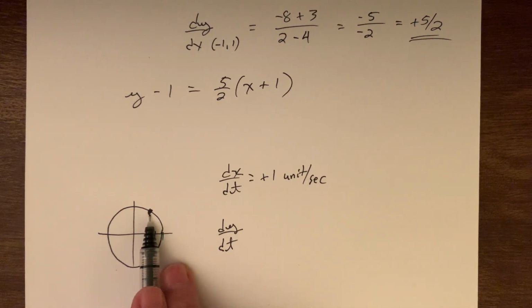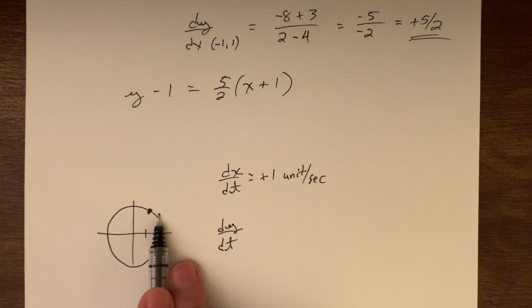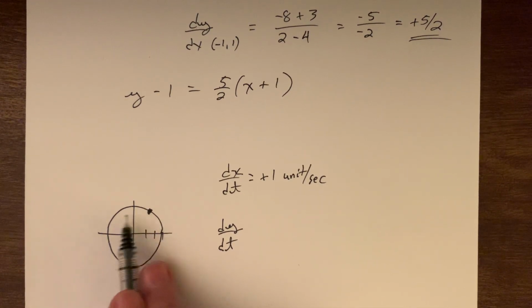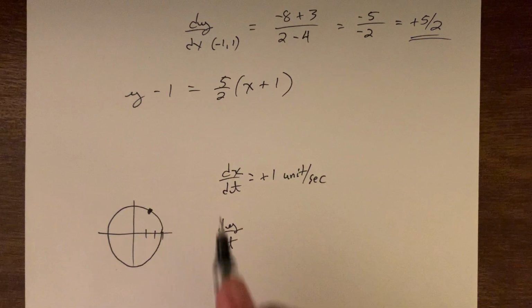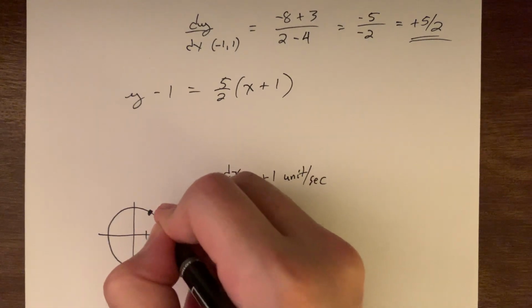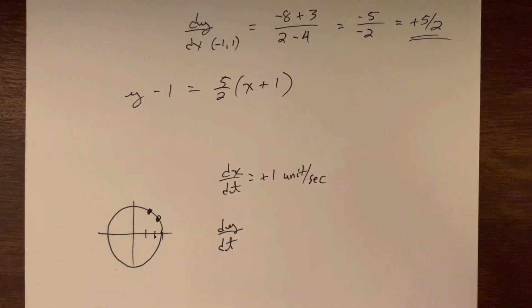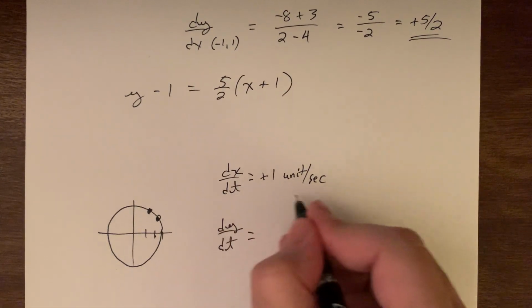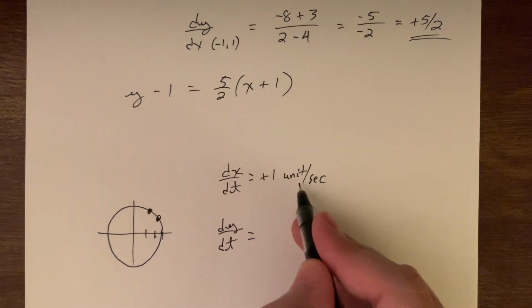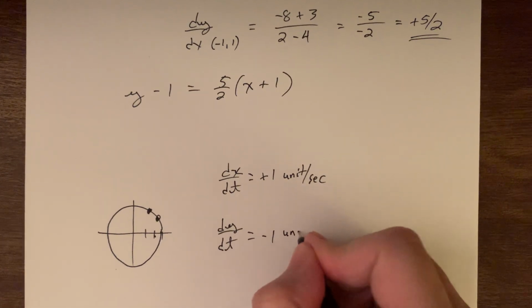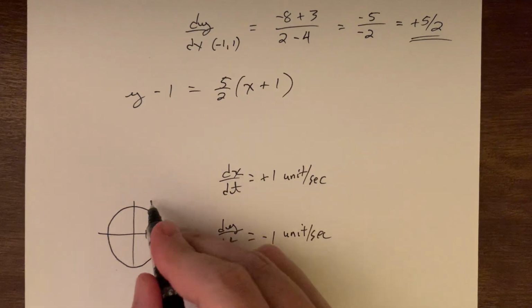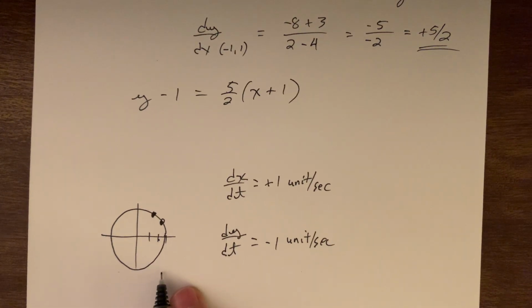If this guy is moving +1 unit per second, that would be a jump like this. That's his move. But he has to stay on the curve. So in order for him to move that 1 unit to the right, he also had to slide down at that same time. So if this is his derivative of x with respect to time, his derivative of y must have been something negative to indicate that he was going down.